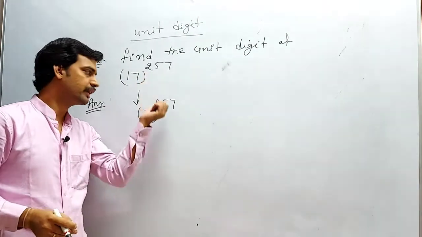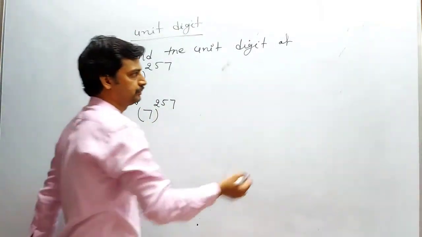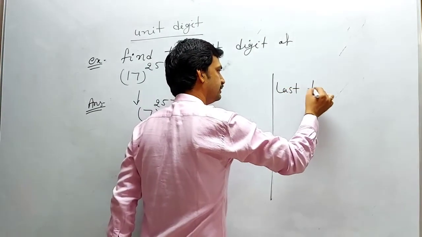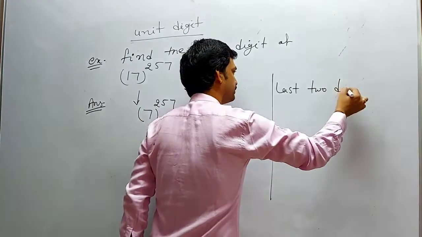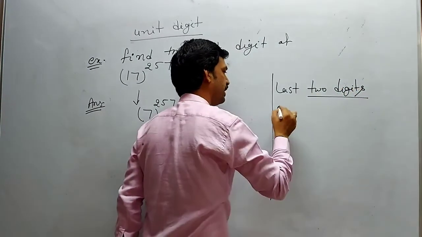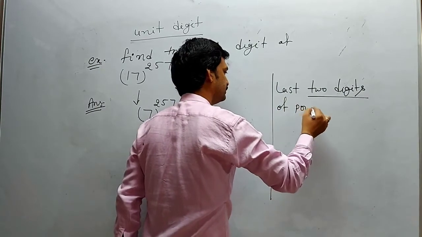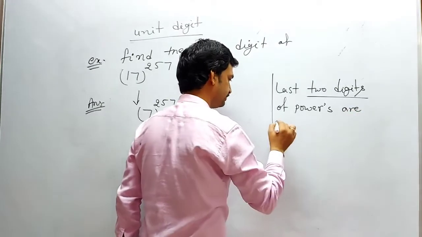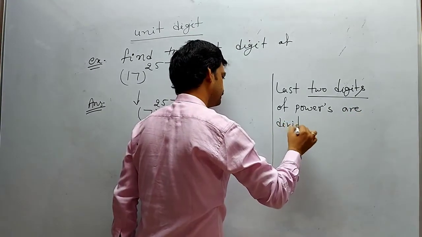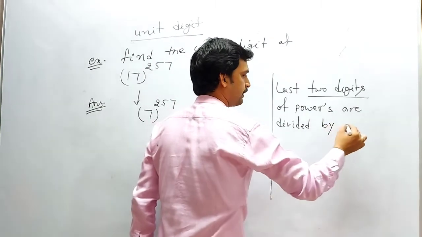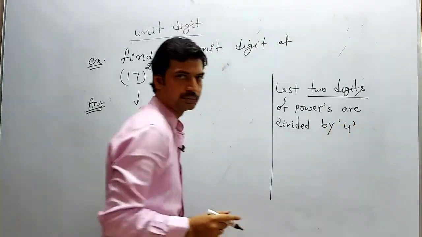But for the power, we cannot use only the unit digit. So what do we do? The last 2 digits of the power are divided by 4, always by 4.